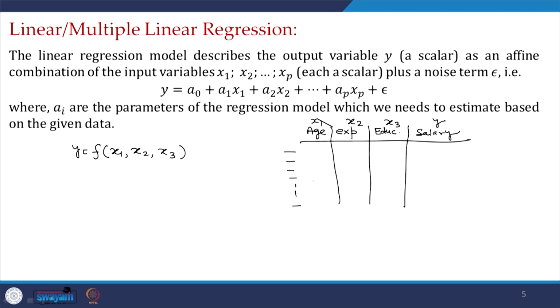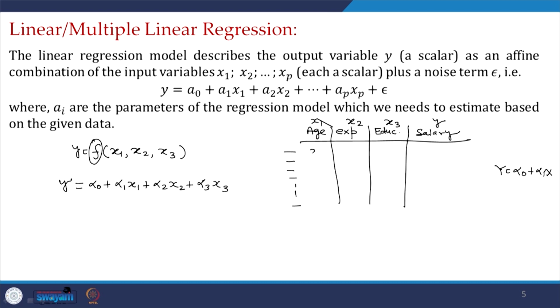Now, using this data I have to find this f. When I go for linear regression, like in the case of one variable where I had y equals alpha 0 plus alpha 1 x, in this case I will have alpha 0 plus alpha 1 x1 plus alpha 2 x2 plus alpha 3 x3 equals y.